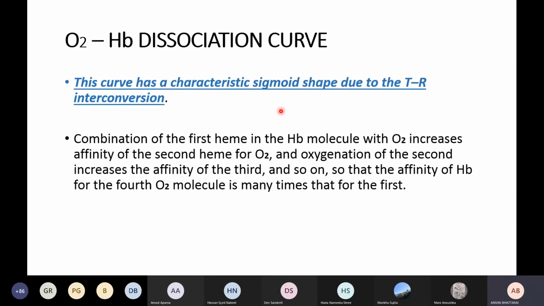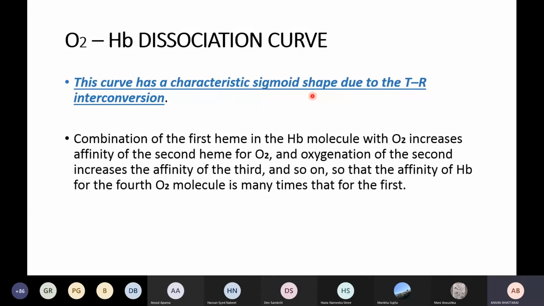You have to remember this curve has a characteristic sigmoid shape due to the TR interconversion. That means due to binding of oxygen, conversion from tense configuration to relaxed configuration, and exposure of more binding sites for oxygen.